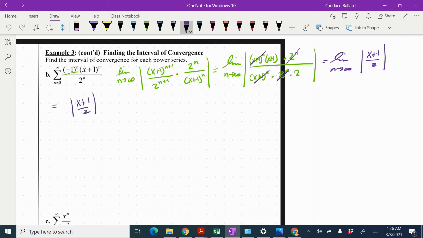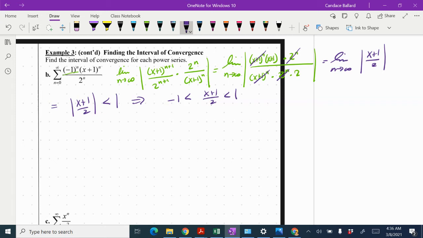And again, to make this converge, we know we need it to be less than 1. In order to take this apart, I know I have to sandwich it between negative 1 and 1, because that's what the absolute value being less than 1 means.